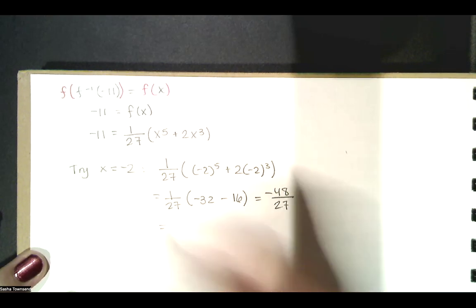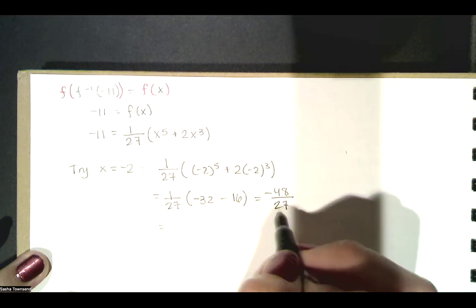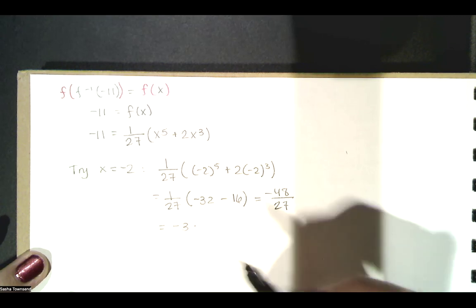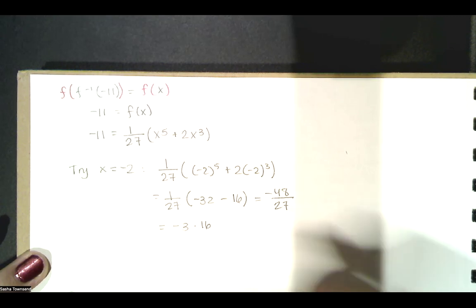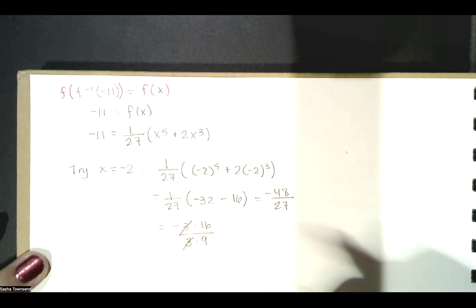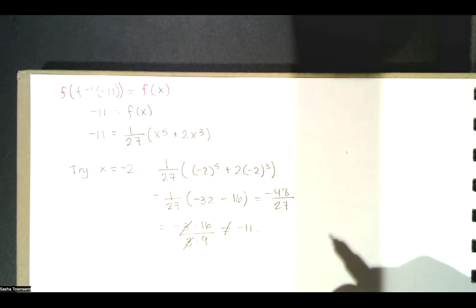Did I do that correctly? Well, that is divisible by 3, and that's divisible by 3. So I'm going to have 3 times, what is that, 16, divided by 3 times 9. So I don't get the right value. It's not -11. So I need my x value to be even larger than that.